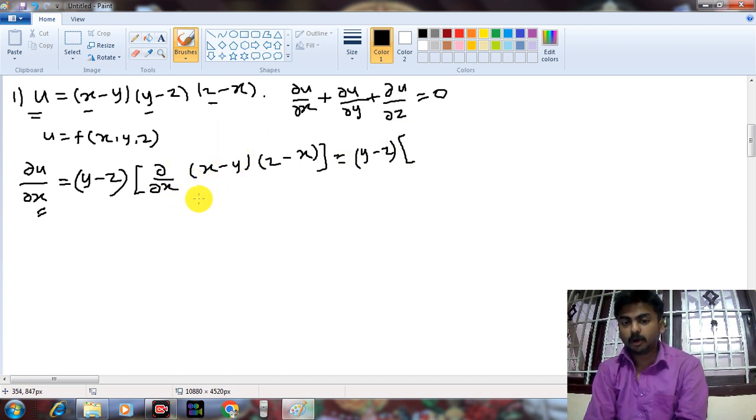Here we can understand the difference between ordinary differentiation and partial differentiation.